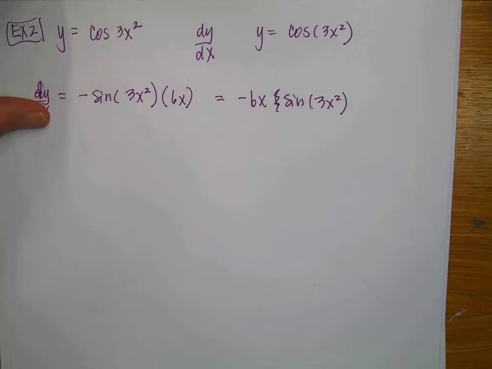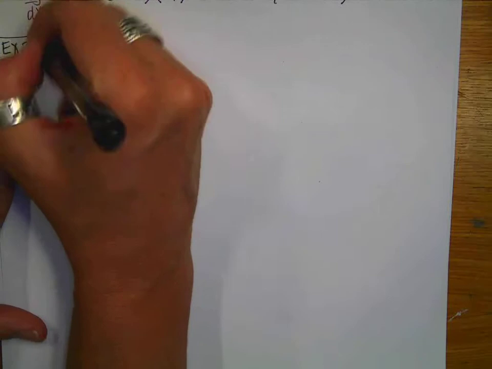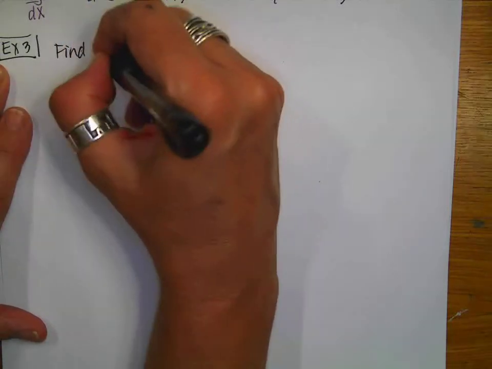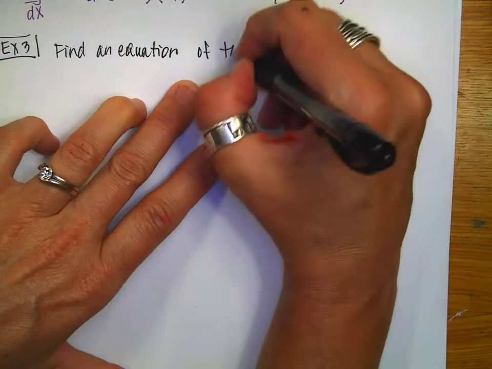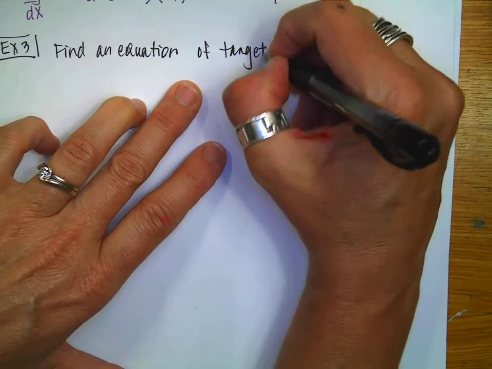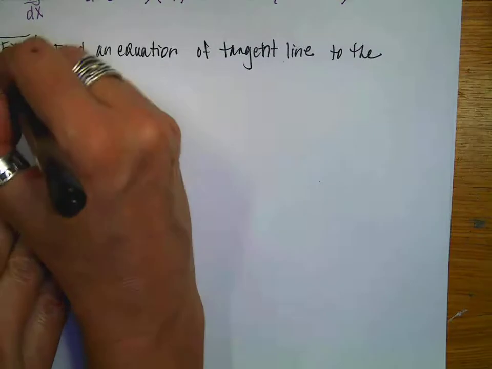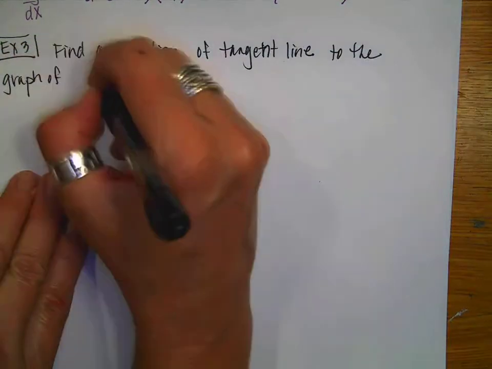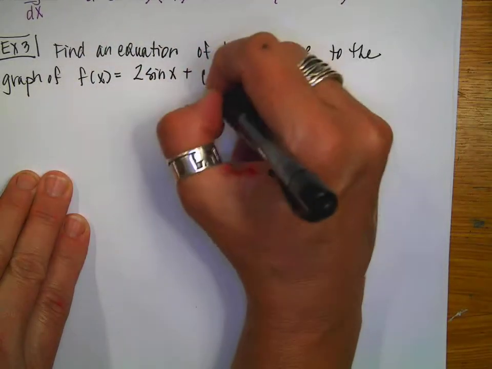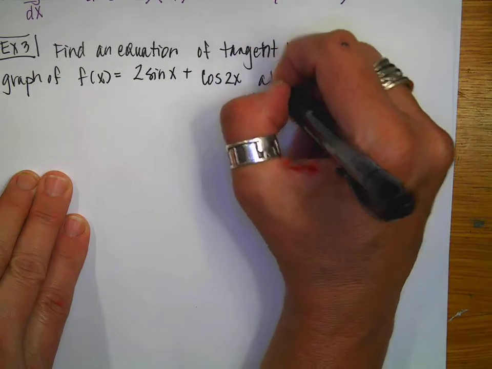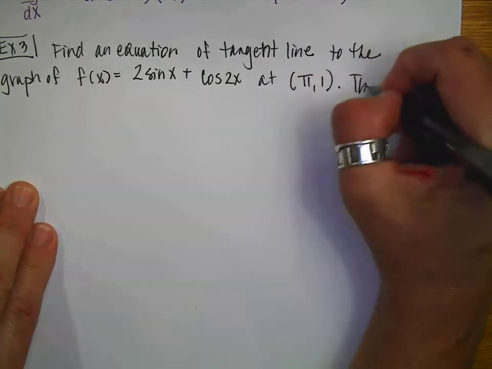So we have one more example for us. It's going to be a longer example. So scoot it up and see if I can squish it in on this page. Example number 3 says find an equation of the tangent line, which means I have to find a slope, which means I have to find a derivative, to the graph of f of x is equal to 2 sine x plus the cosine of 2x at the point (pi, 1).